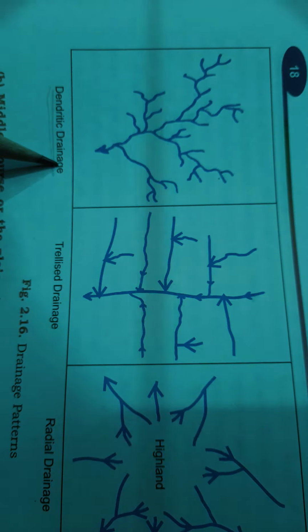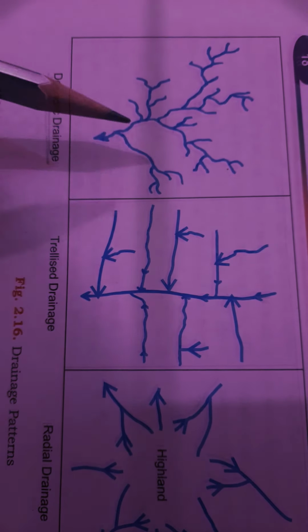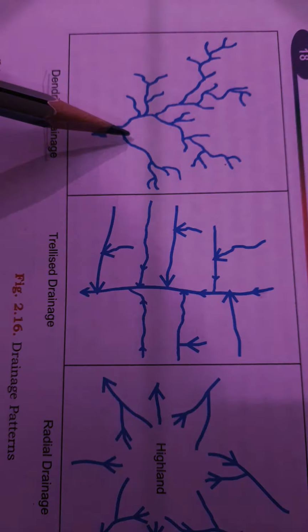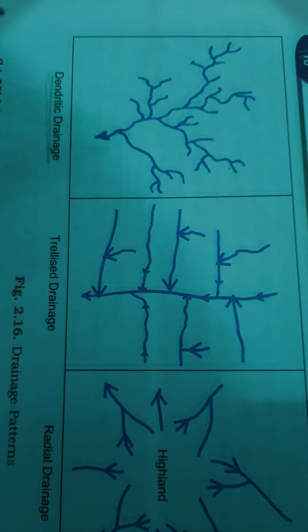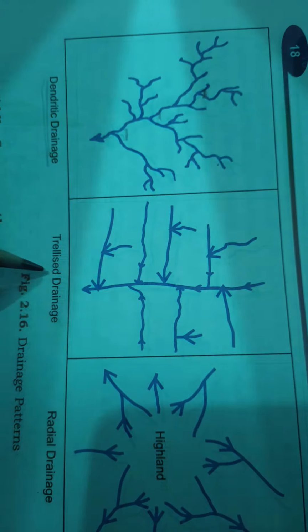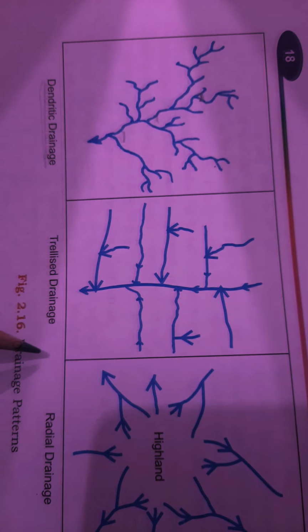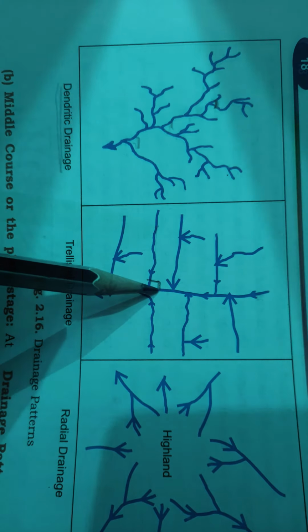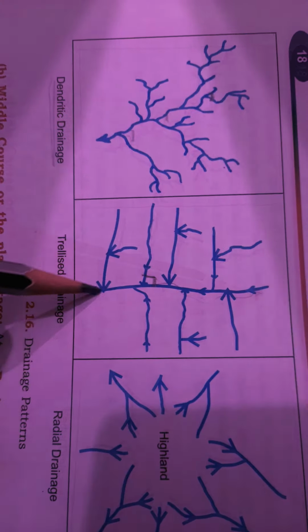So what is the dendritic drainage pattern? The streams that join the main stream by forming an angle of less than 90 degrees, which means an acute angle. While in the trellis pattern, the streams form a 90 degree angle with the main stream. This is a tributary and this is the main branch of the stream.